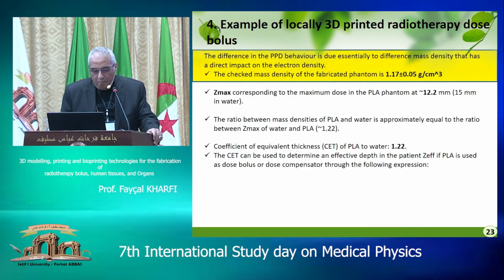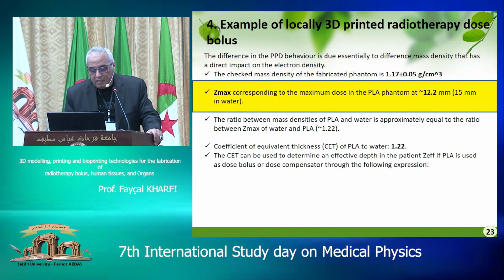So, from this first characterization, we determine first the effective density of the material used, which is 1.17 gram per cubic centimeter. This is the effective value. We use it in the TPS. We determine the Z max corresponding to the maximum of the dose in PLA, which is 12.2 millimeter compared to 50 millimeter in water.